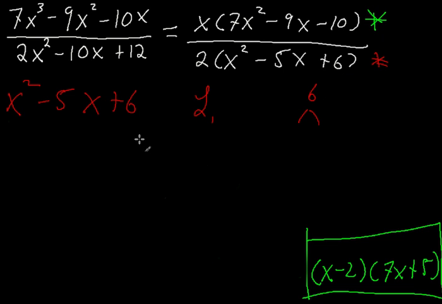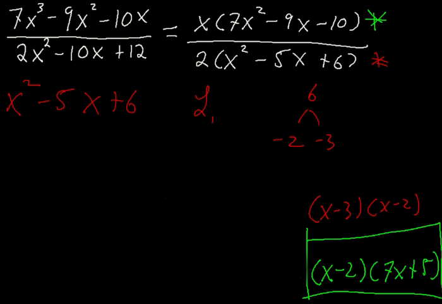Well, it's either going to be 2 and 3 or 6 and 1, but I need them to add to a negative number and multiply to a positive number, so they're both going to have to be negative. I think negative 2 and negative 3 will fit the bill. If you add these together, you get negative 5. If you multiply them together, you get positive 6. So this is what we want. I believe this is going to be x minus 3 times x minus 2, and we can see already that's what's going to cancel out.